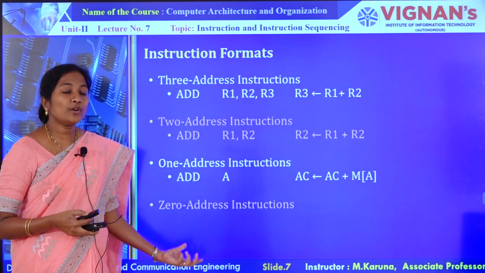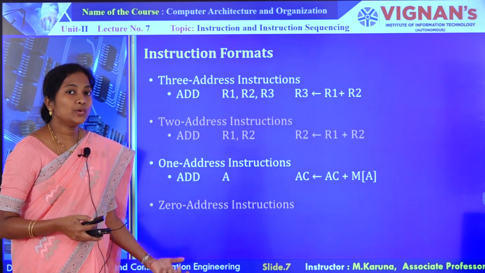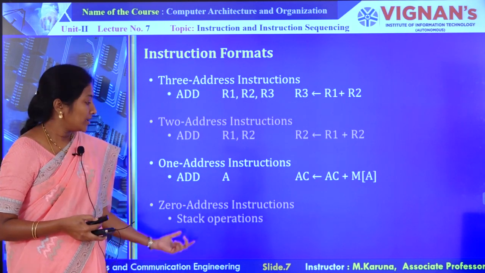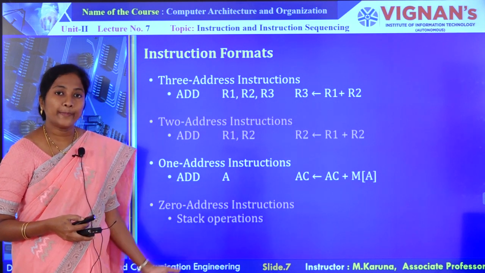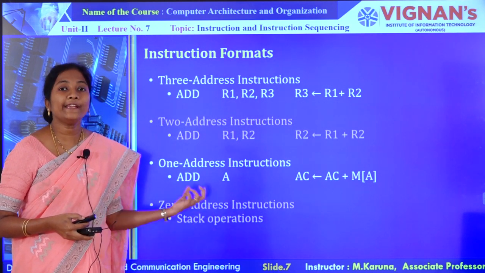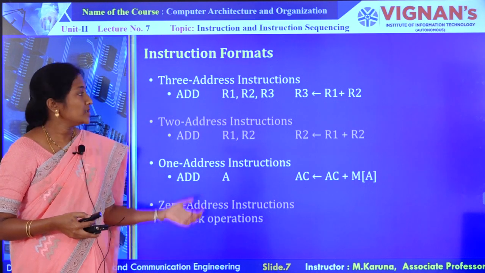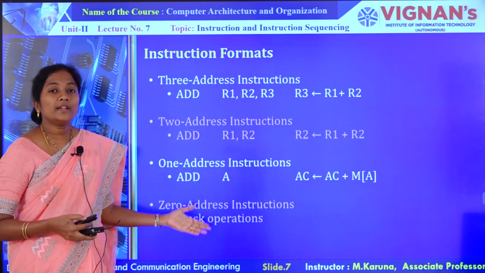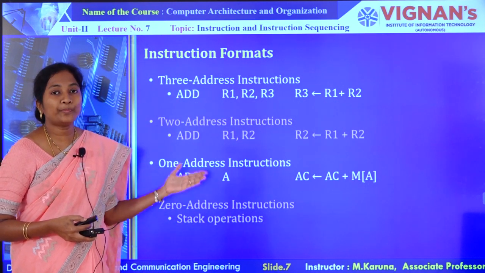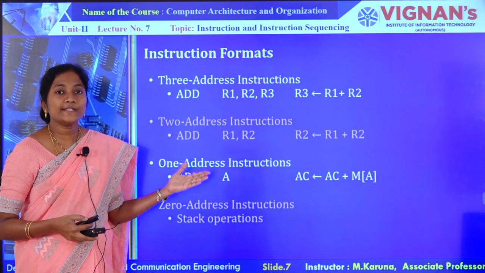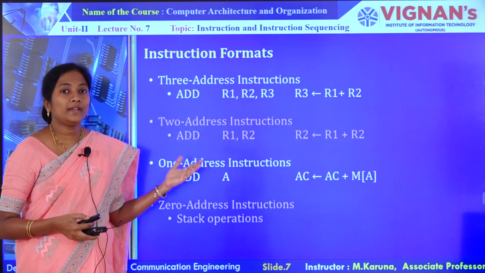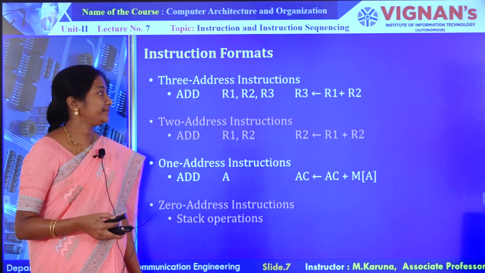So, this kind of instructions are used in case of stack. Those are push and pop. No need to mention any variable. Okay. So, these are the types of instructions used to perform operations by the ALU in the computer.